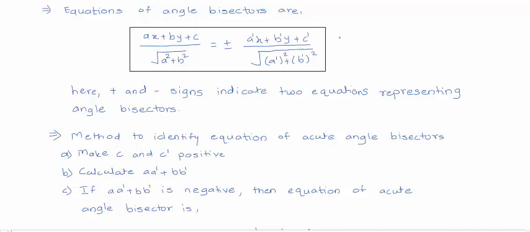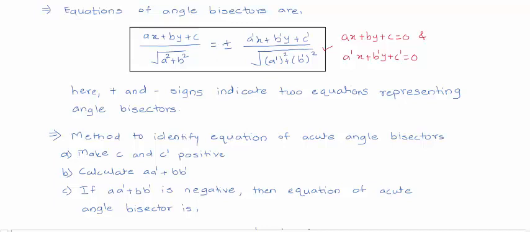Now students, here equations of lines are given as ax plus by plus c equal to 0 and a dash x plus b dash y plus c dash equals to 0. For these two lines, these are the angle bisector equations.